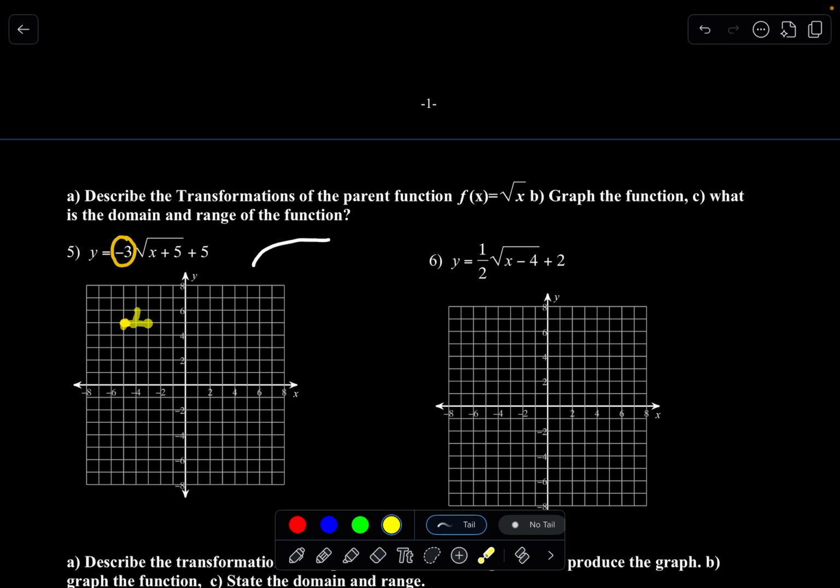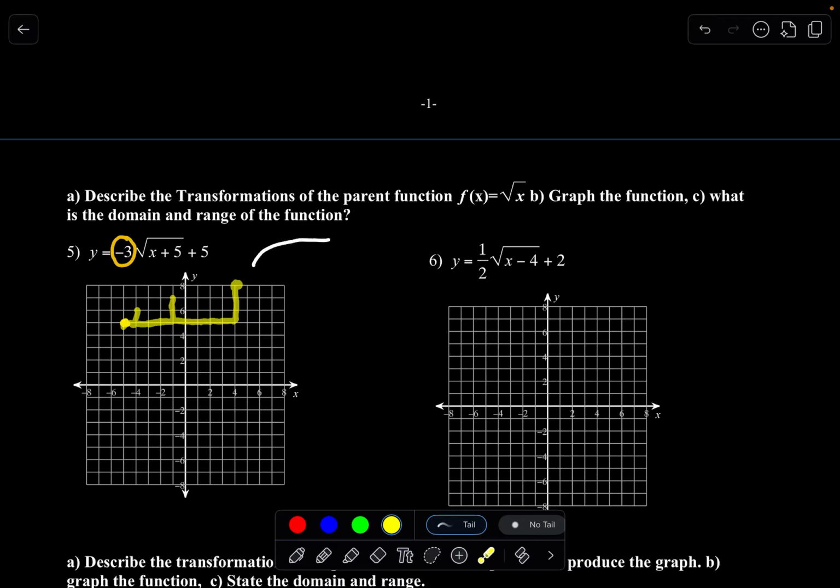Over 1, 2, 3, 4, the square root of 4 is 2, and we go up 2. We go over 1, 2, 3, 4, 5, 6, 7, 8, 9. Square root of 9 is 3, and we go up 3. That's how you would do it. And then you would make the swish.